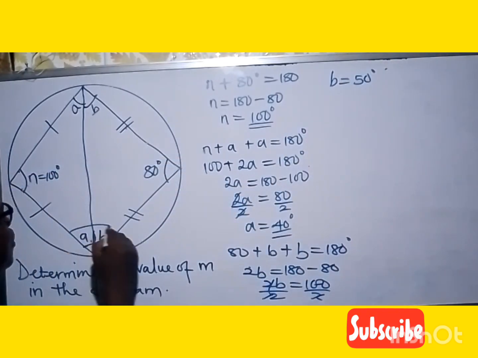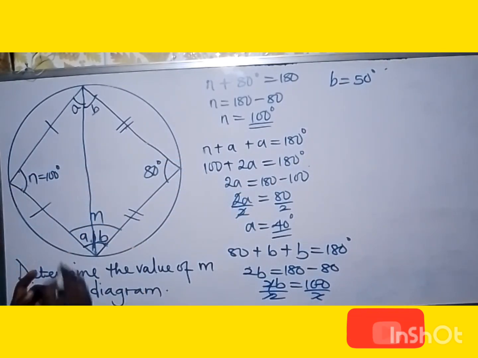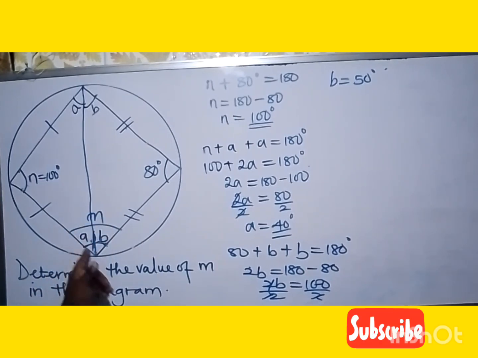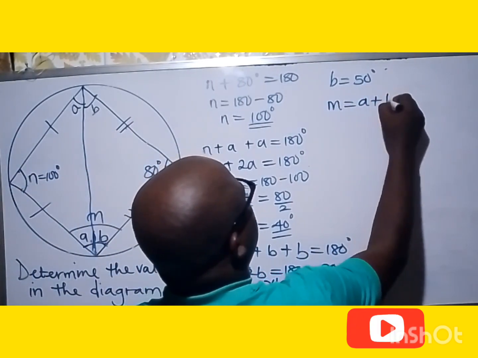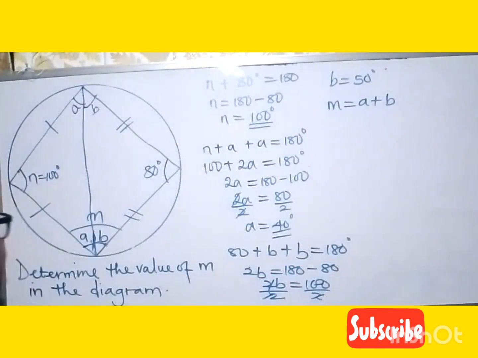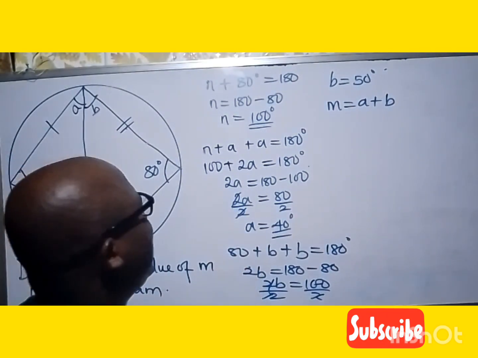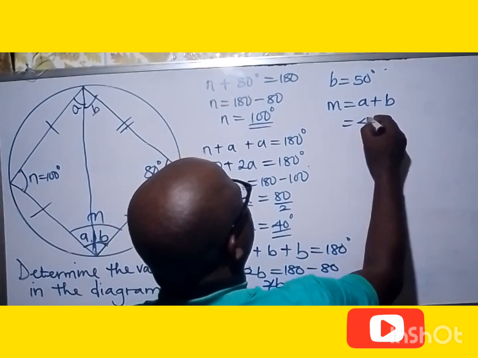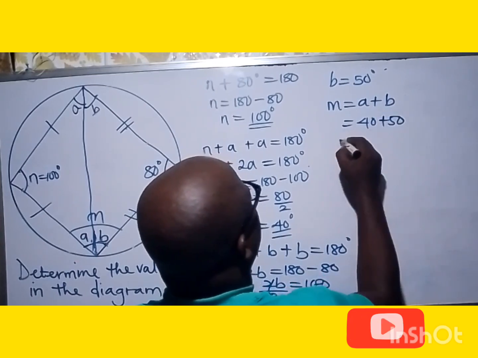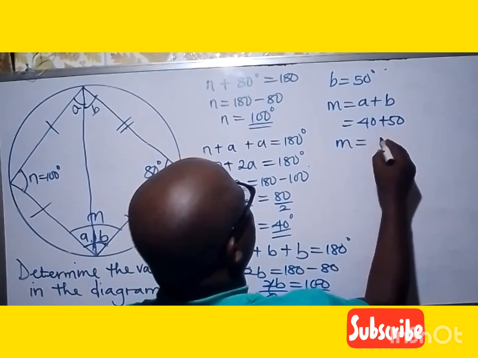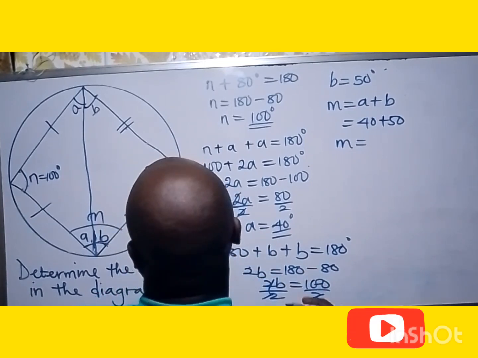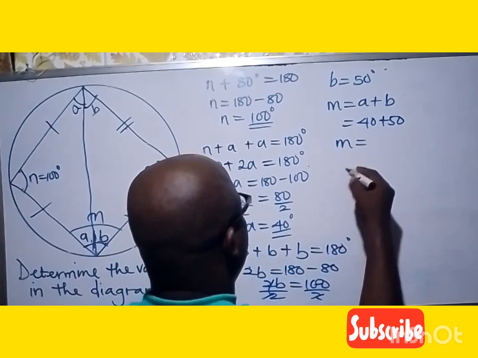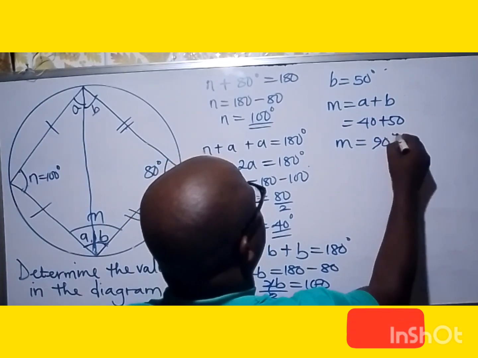Note that this is where our m is. Looking at this now, you will observe that m will be equal to the sum of A and B. So automatically, I am going to have my m equal to 40 plus 50. I have my A to be 40 and my B to be 50. So my m will be equal to 90 degrees.